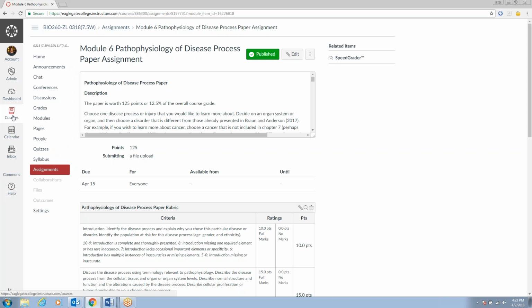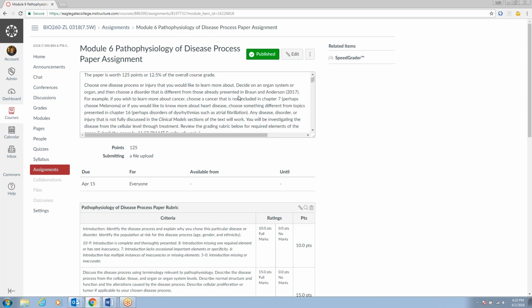So yes, strew them throughout, and that's where you got the information. You don't have to only have a citation for quotes. You can paraphrase and then put the citation from that resource. See, up here, see how we talk about Braun and Anderson 2017 right in your paper instructions? It's just right in the body there. It's not a quote, it's just talking about something that's in the book.